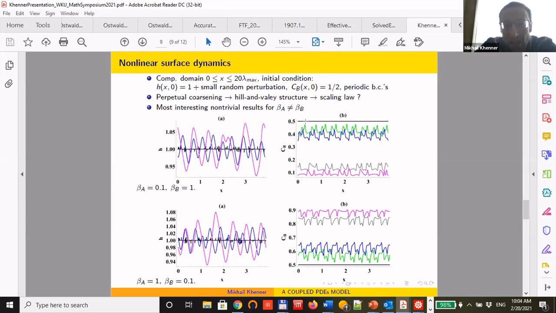And the composition also changes, starting from uniform composition under this set of essentially governing parameters, where CB becomes smaller, meaning that surface becomes richer in gold atoms.